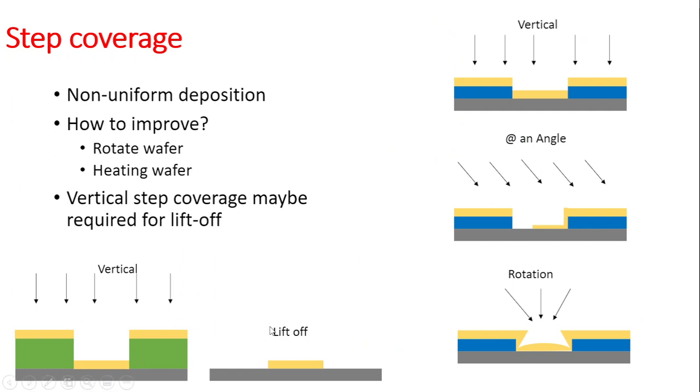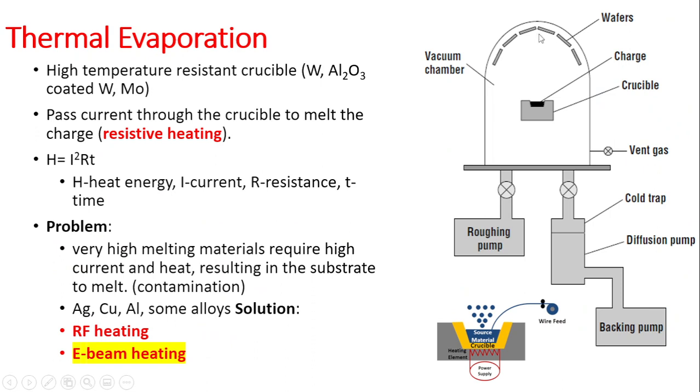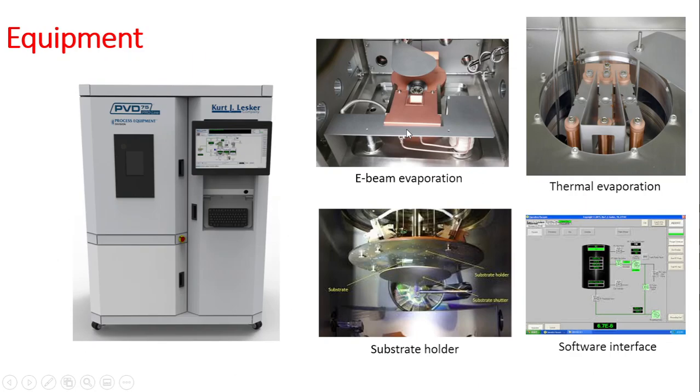And another important thing in case of thermal evaporation is the concept of step coverage. So as I mentioned before in my first video, you have wafers inside a bell jar as shown here. So the angle at which the material gets deposited can actually be different for different substrates, depending on where they are positioned inside the chamber.